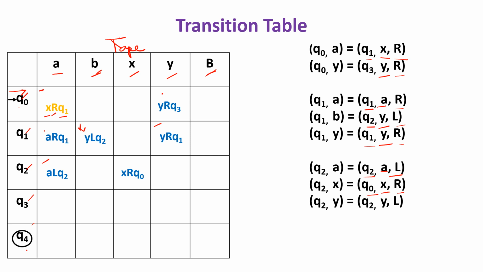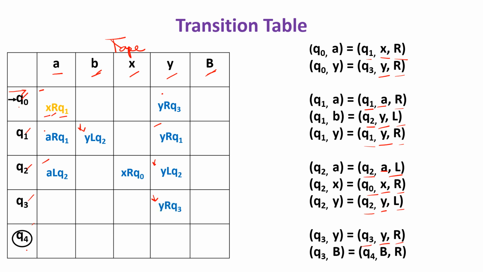Q2Y at this location Y L Q2. Q3Y will be having Y R Q3. And finally Q3 blank at this location blank R Q4. So this is how we go for representing the delta transitions in the form of a transition table.